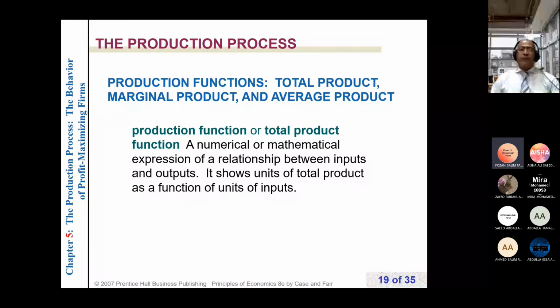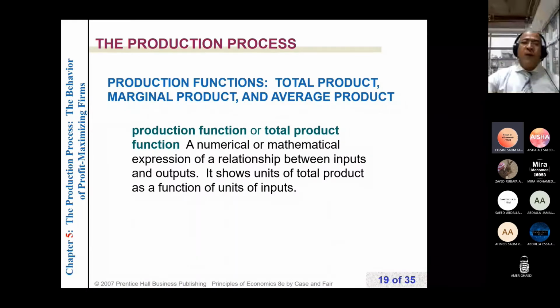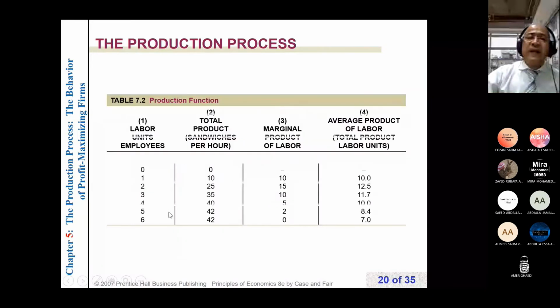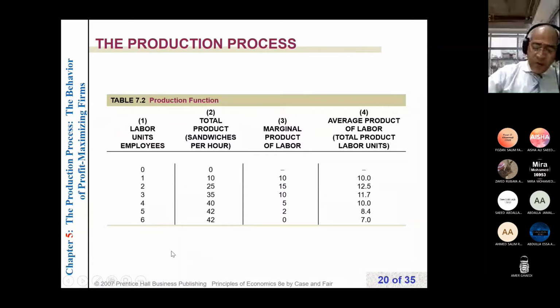It shows units of total product as a function of units of inputs. So in a very easy way, we are talking about Fawzan, who has a piece of land in Sharjah and produces tomatoes. Or let's say Zaid has a restaurant producing sandwiches.